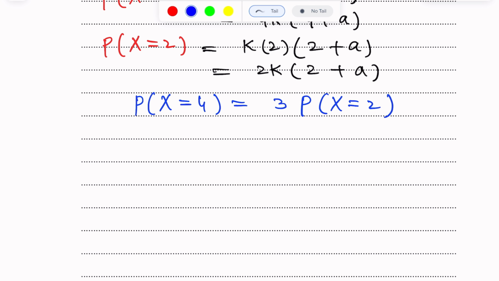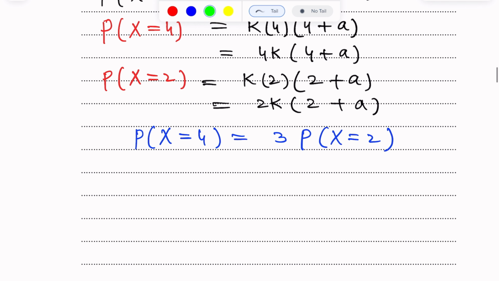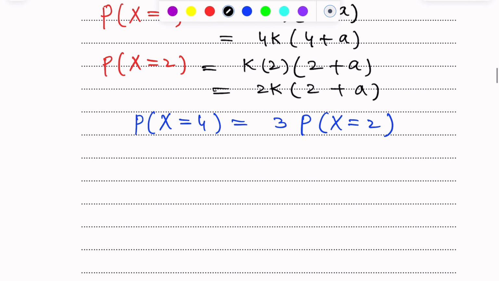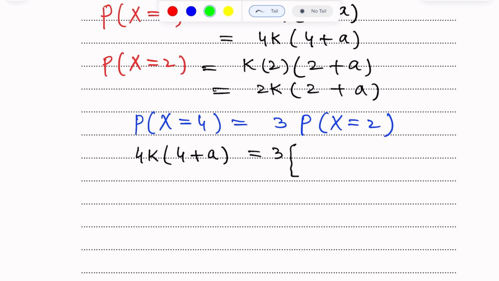Putting these values of probabilities, we get 4k into (4 plus a) is equal to 3 into the probability of X equal to 2, which is 2k into (2 plus a).